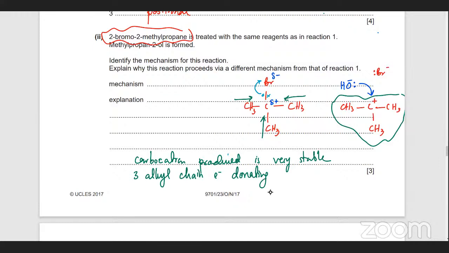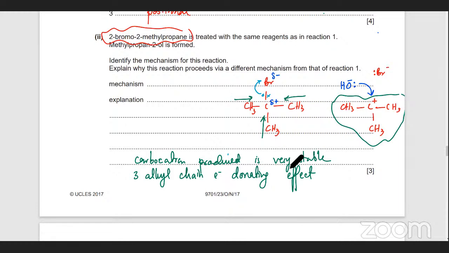Yes, sir. So the carbon has such a weak positive charge that it allows the Br-1 to go away. Okay, which is not possible in SN2 mechanism.